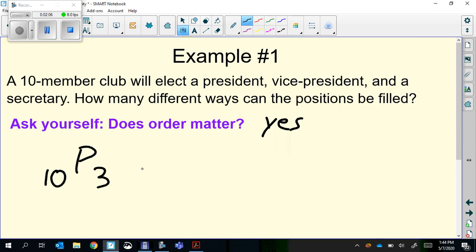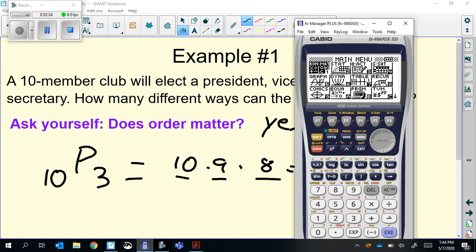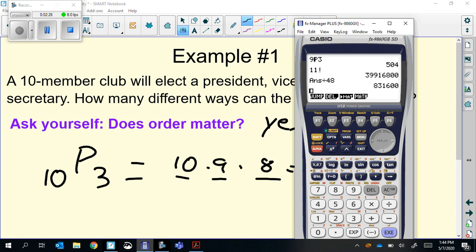We can use our calculator. Remember, permutations are actually super easy. We did this in our last video. This 3 tells you you're going to have 3 spots, and you just count down from 10. That's the shortcut for permutations. But your calculator has a different kind of shortcut. It has this all built in. You don't even need to remember that. We just need to go to probability.